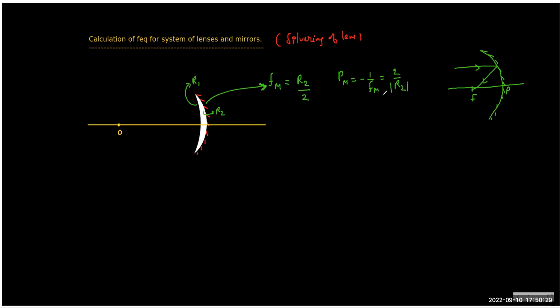Positive answer, no? So concave mirror is a converging system, and for any converging system, power is positive. In case of doubt, think this way, or else you just substitute things accordingly, you get the right answer. So you can leave like this.